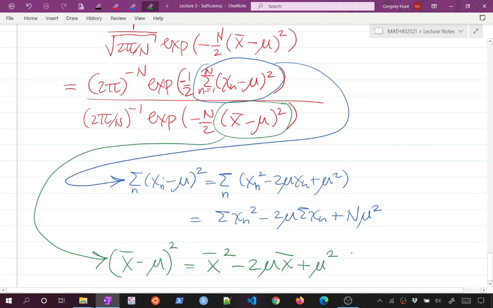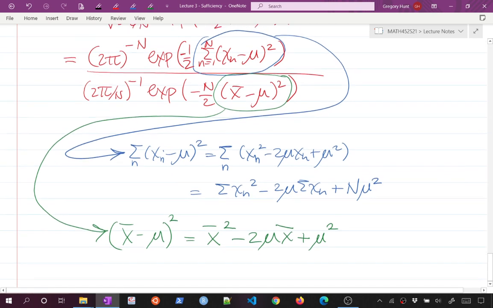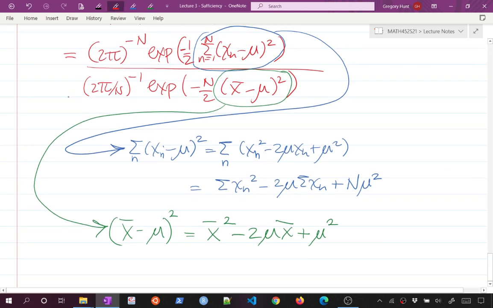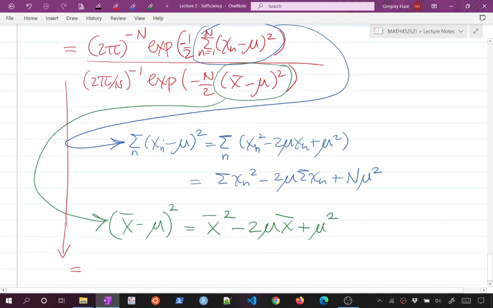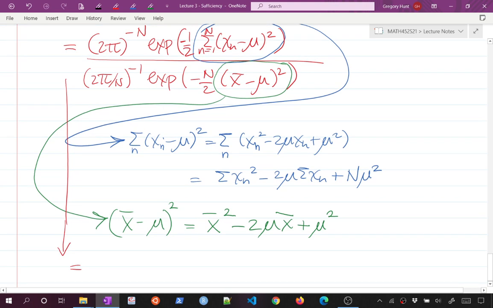Okay. This is just some algebra to show that things work.